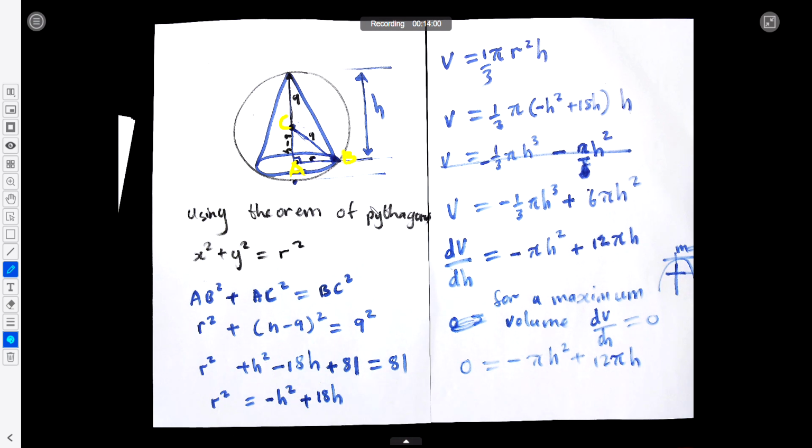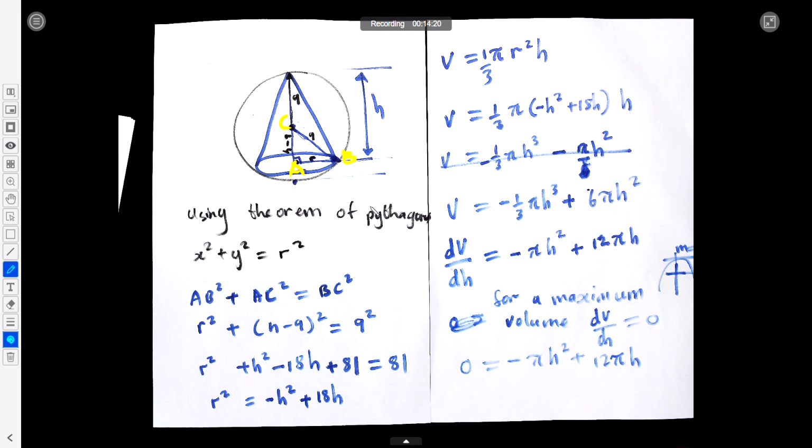So we have to solve for h. What we're going to do here, I think, is take out the common factor, but let's first divide by pi, to get rid of pi. Or negative pi.